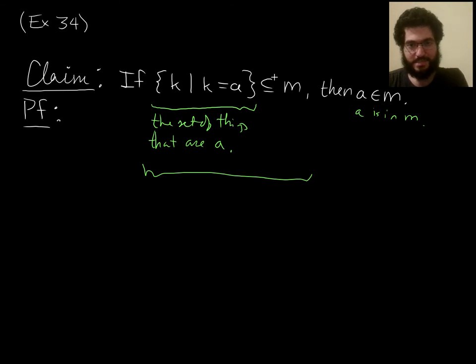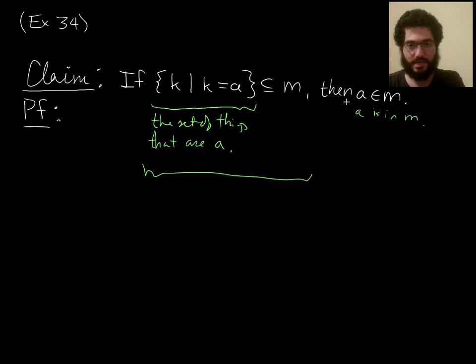Subset. Let's expand that in our minds, kind of. No, I'm not going to write it down. It's too much to write, but expanding what that means, this thing is a subset of M means every element of this thing is an element of M. So every element of the set of things that are A is an element of M. So that's what this overall says.